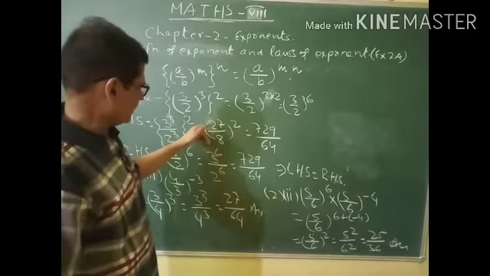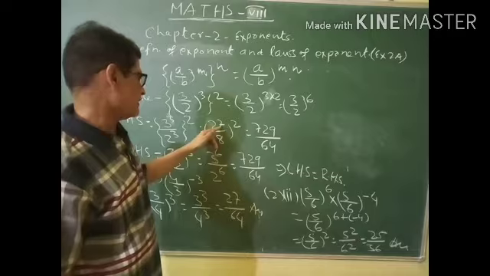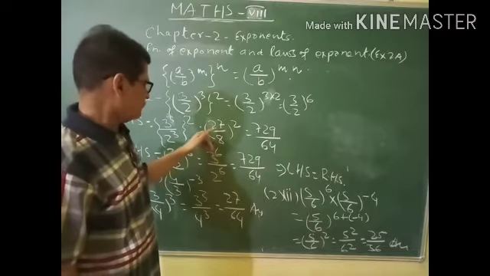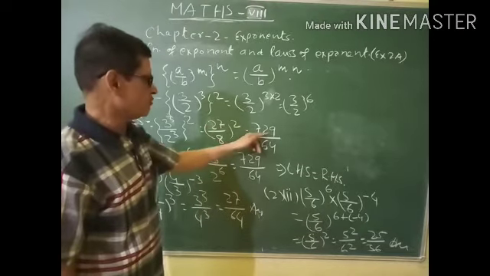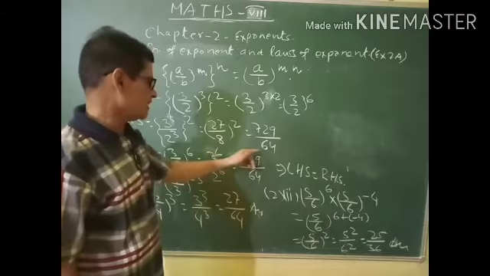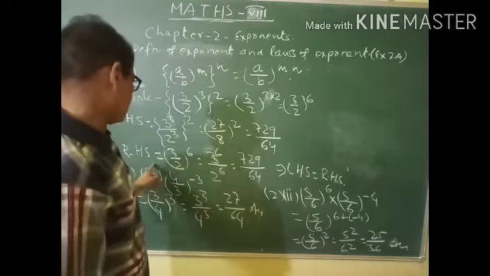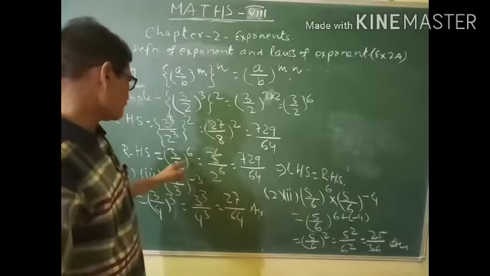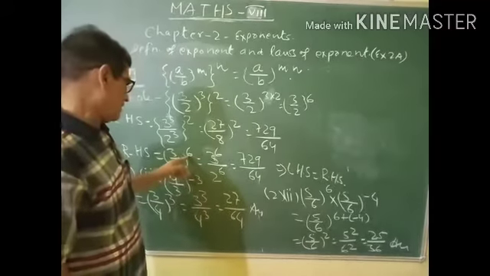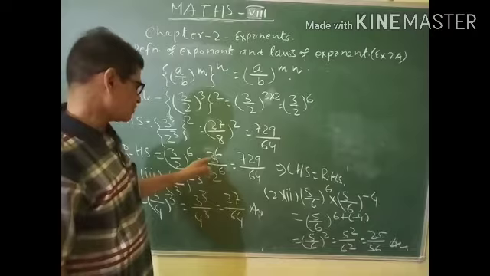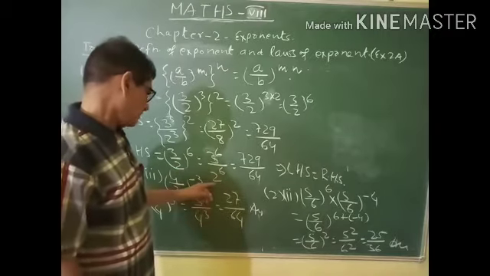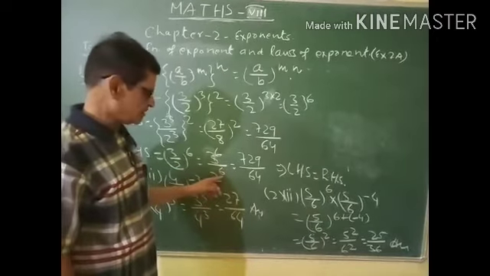Again, if we square 27 and 8, we shall get 729 divided by 64. Now come to the RHS. 3 by 2 to the power 6 will be equal to 3 to the power 6 divided by 2 to the power 6.